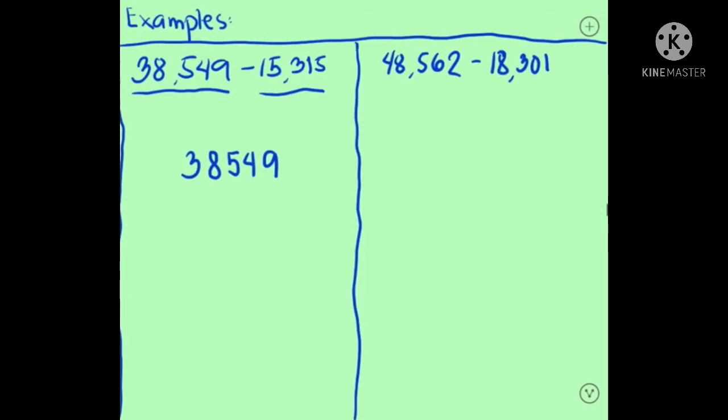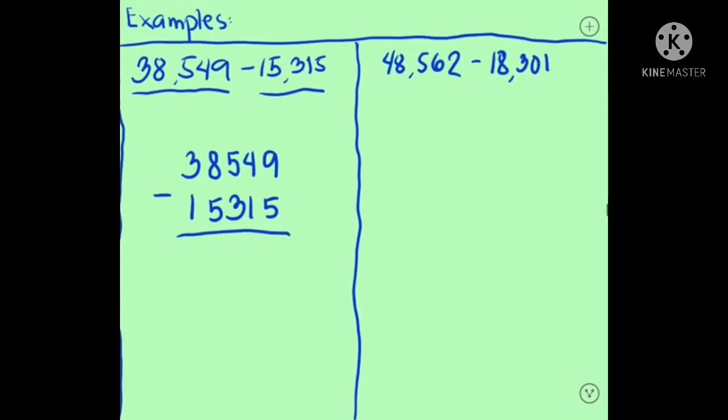Make sure the digits of the respective place values are aligned. Alright? So we have here 15,315. Of course, do not forget the symbols.